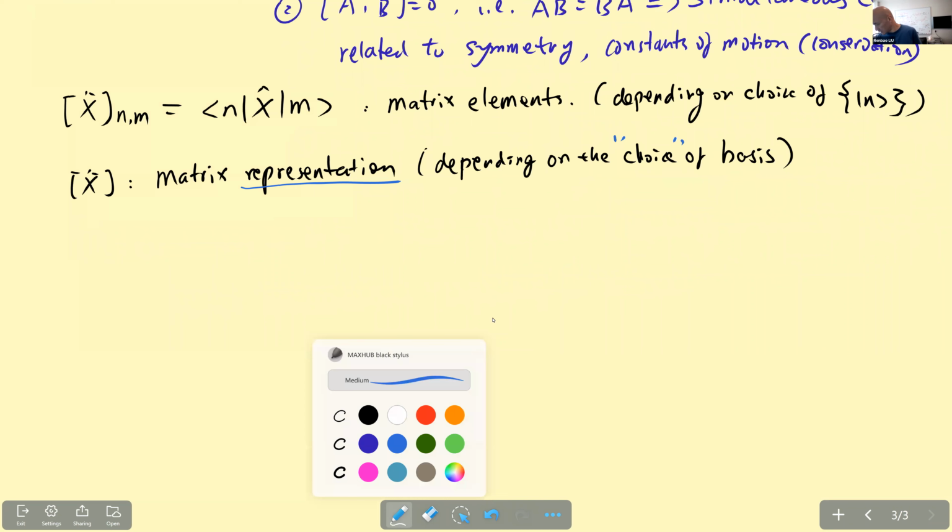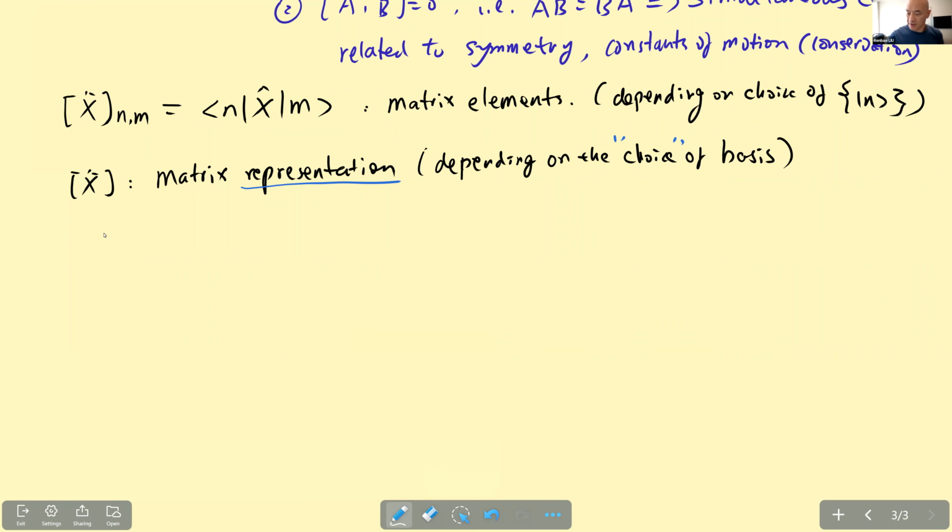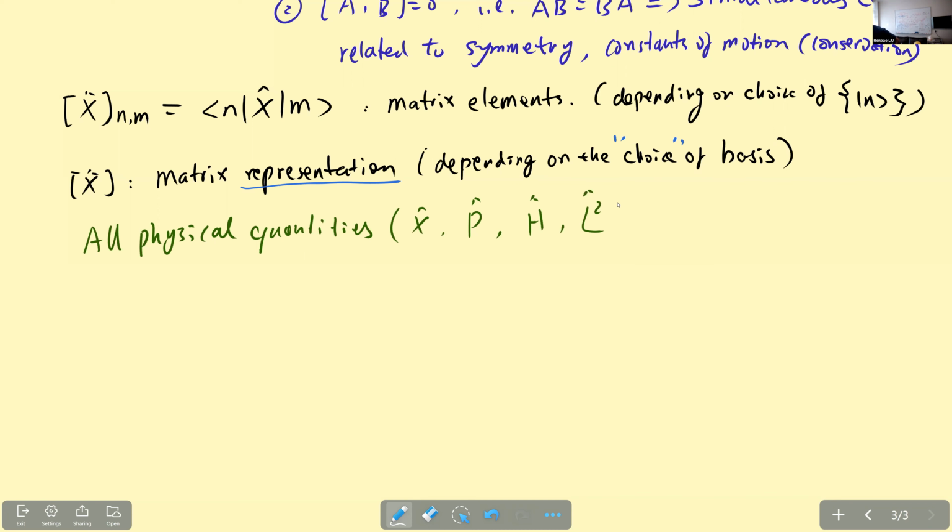And second, I want to tell you another thing, that all physical quantities, for example, position, momentum, Hamiltonian, L squared, Lz, okay, potential, and so on and so forth, they all have Hermitian matrices.